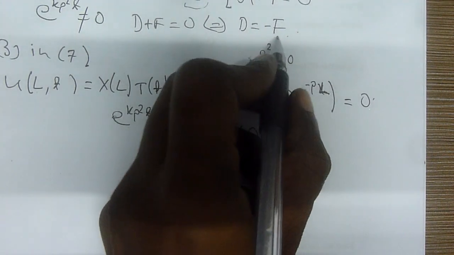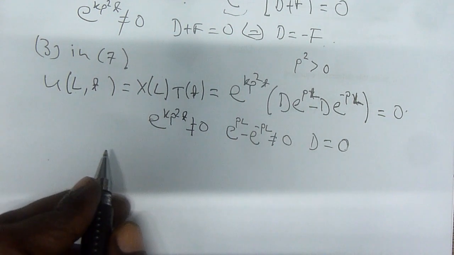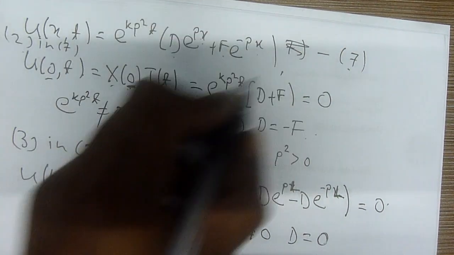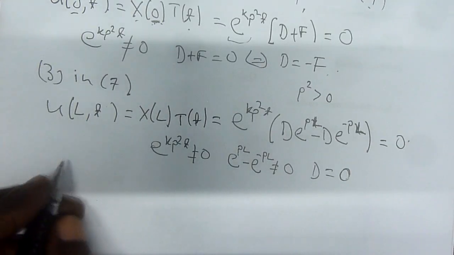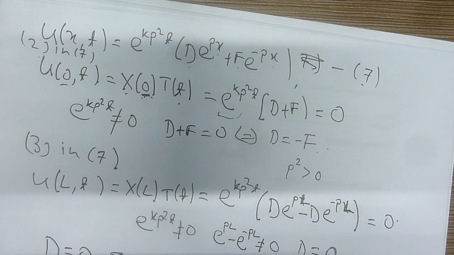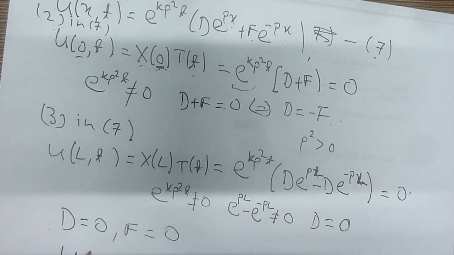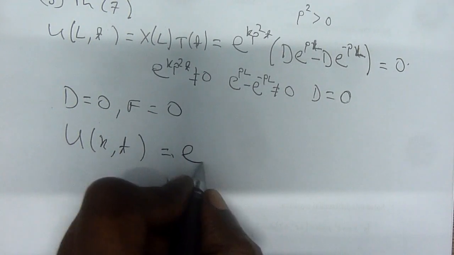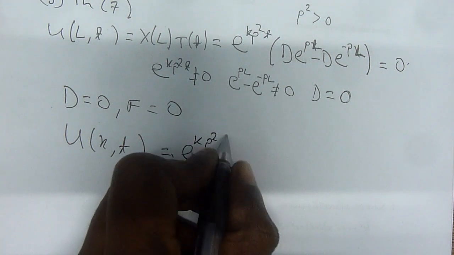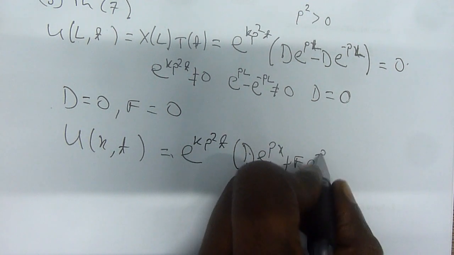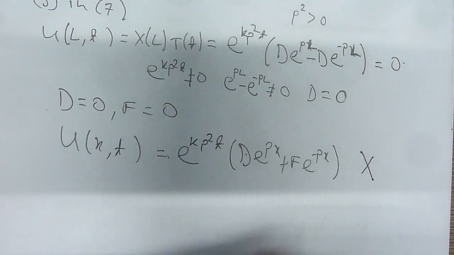Once d is 0, f is 0, that means the whole solution is 0. D is 0, f is 0, the whole thing is 0, therefore this cannot be applied. That means this equation cannot be used. You cannot use this e^(kp²t)(d e^(px) + f e^(-px)).